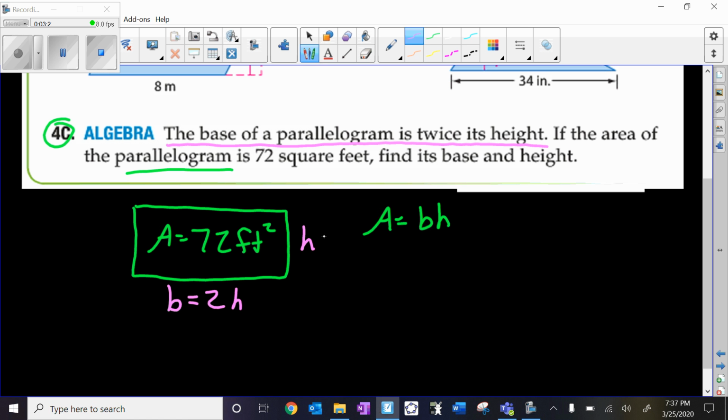And now you can plug in your information. We know that the area is 72, which is equal to my base, which we know is now 2h, times my height, which in this case is h. We can simplify this. 72 equals 2h squared.